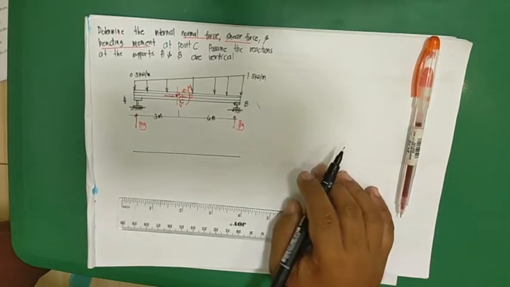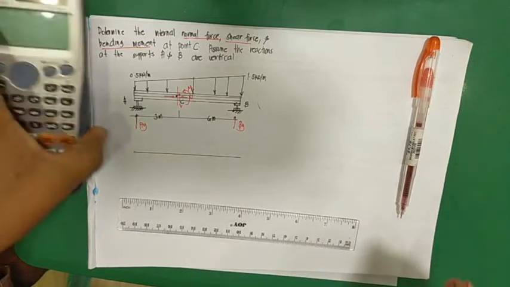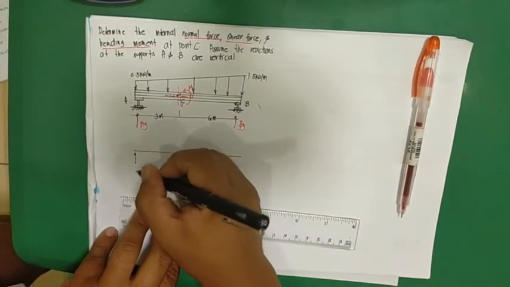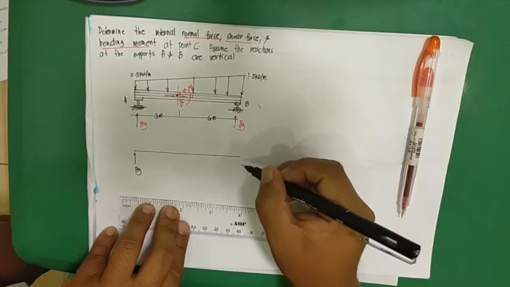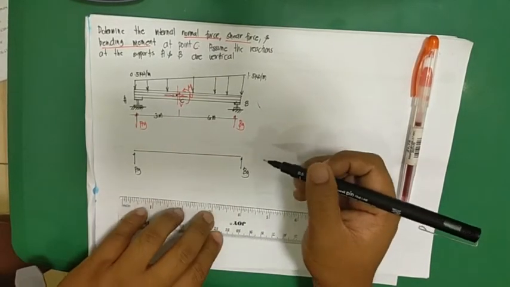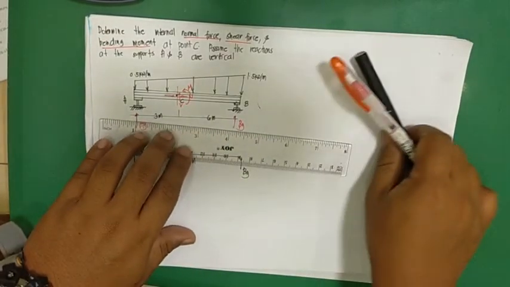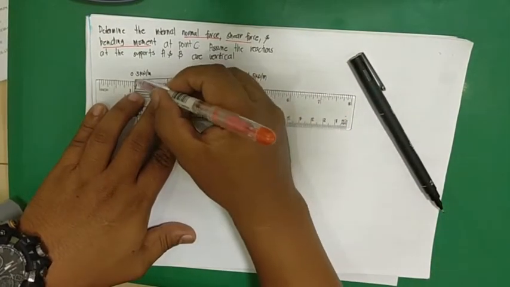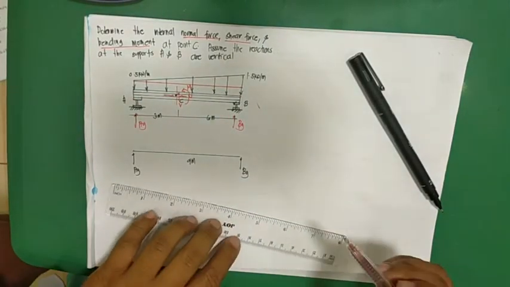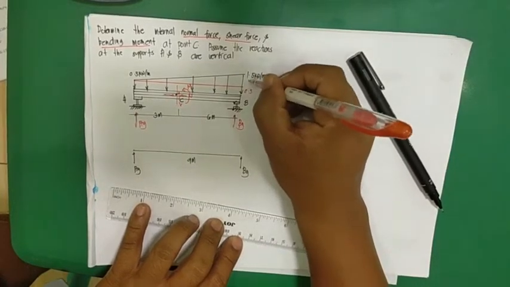Where's my calculator? So you have here AY, you have here BY. And of course, this is 9 meters, and this loading can be divided into two. One which is triangle and the other one is rectangle. So if this is 0.5, this is 1.